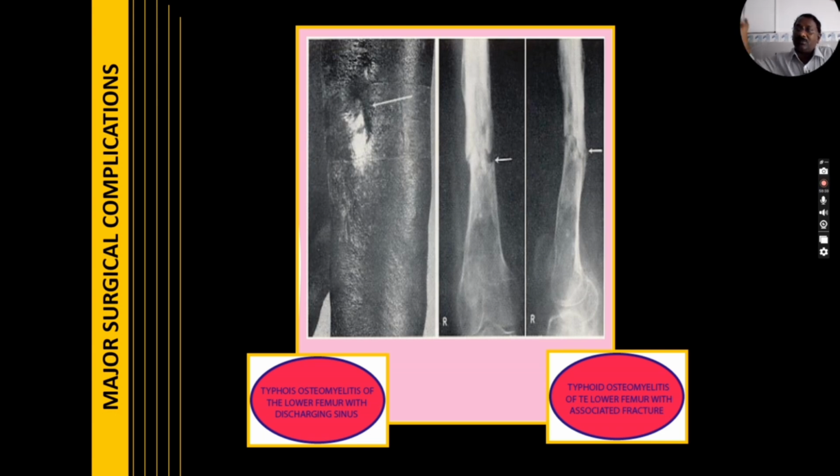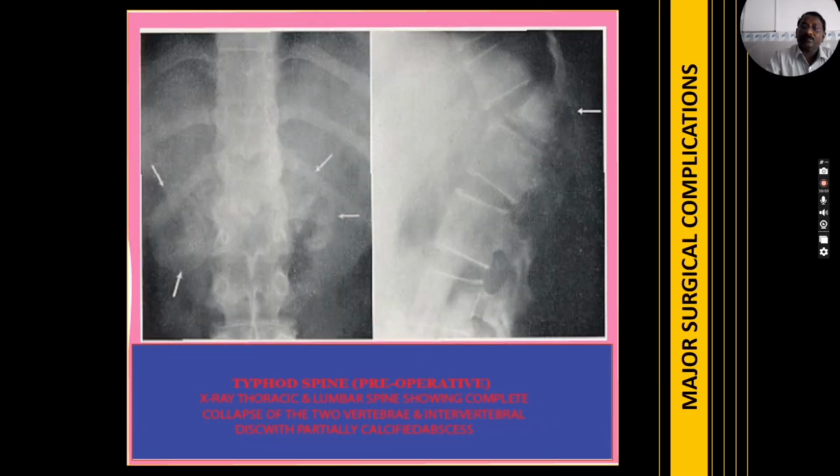This fracture is because of the chronic osteomyelitis, not because of injury. Like osteoporosis, the bones will break down and there will be osteoporotic fractures. Likewise, because of typhoid osteomyelitis, bones are prone to fractures. See the typhoid spine.